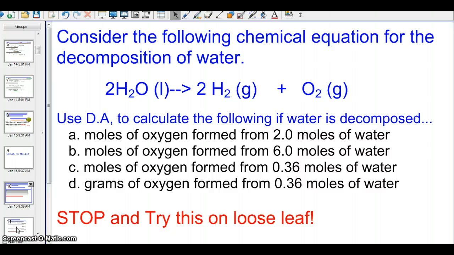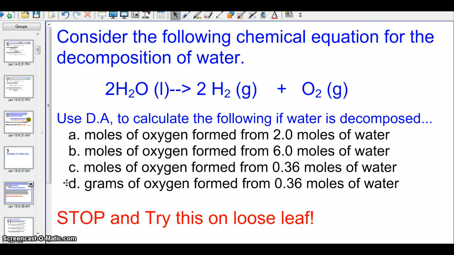Balanced equations are mole ratios. So since that's the case, we can use dimensional analysis here to calculate the number of moles of oxygen that are formed when 2 moles of water are decomposed, or we could calculate the moles of oxygen if 6 moles of water are decomposed, and so on.